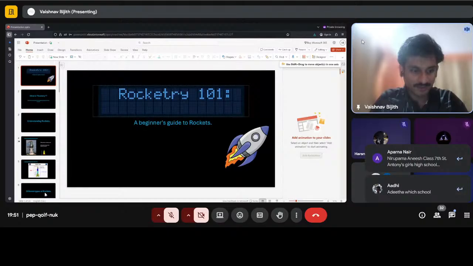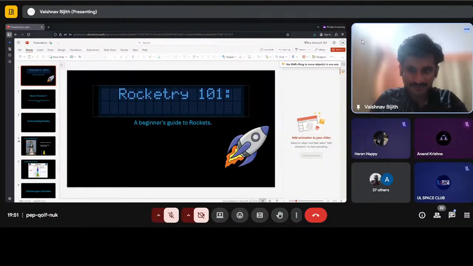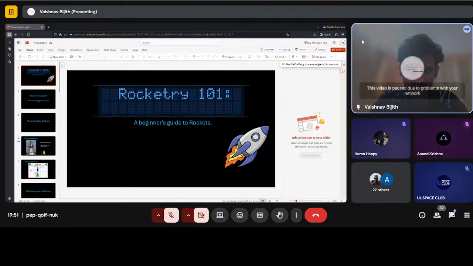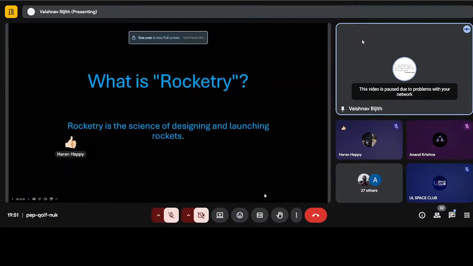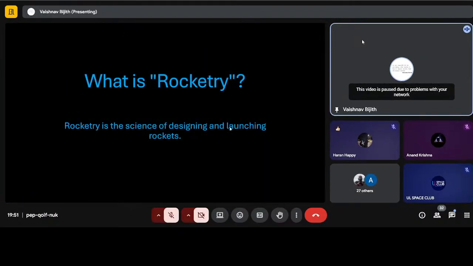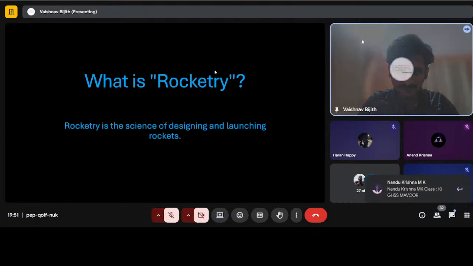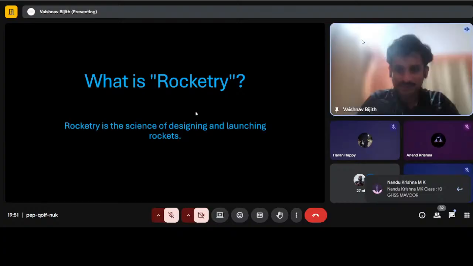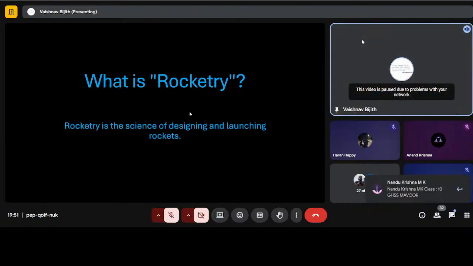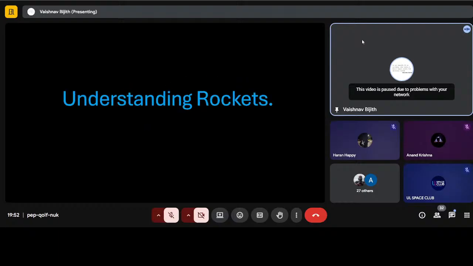All right, so rocketry is the science behind designing and launching rockets, how a rocket must be designed. There are rockets for multiple purposes, and for each purpose the rockets differ in their designs and the components they have. So we will look at the fundamental aspects of a rocket.